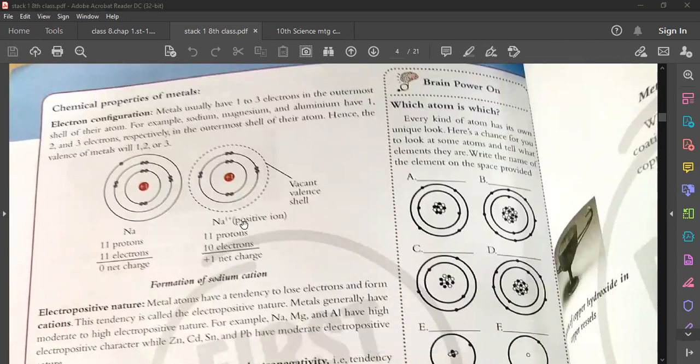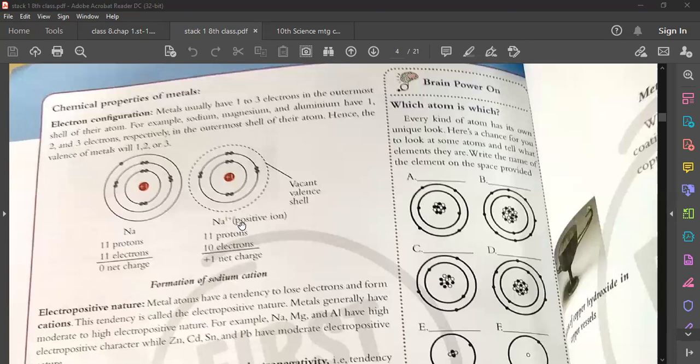Now, the first chemical property is electronic configuration. What is the meaning of electronic configuration? Sir, the arrangement of electrons in different shells around the nucleus in an atom. The arrangement of electrons in the different shells or orbits around the nucleus in an atom. I hope you both know how many orbits there are and how many electrons each can accommodate: K shell, L shell, and the formula 2n square.